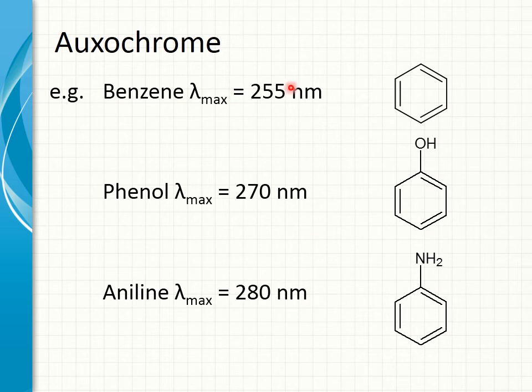So here you can see that in case of benzene, maximum absorbance was at 255 nanometer, but the addition of these functional groups has modified the pattern of absorbance. So hydroxyl group and amino group are examples of auxochromes which have modified the absorption pattern of this chromophore. The chromophore here are the double bonds present between carbon atoms.